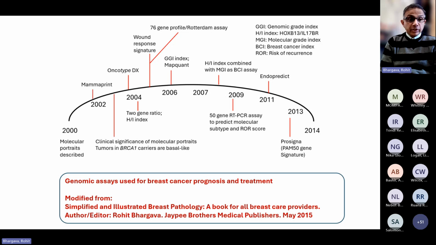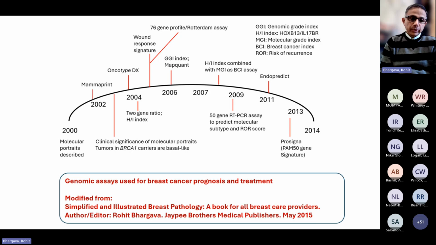Apart from the intrinsic gene set-based classification, there were many other different groups working independently, scouring the data about the genes and its correlation to prognosis, which resulted in many other different models, which were soon commercialized.